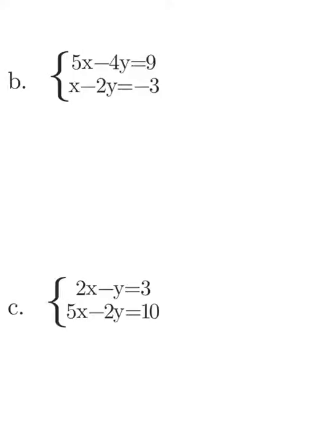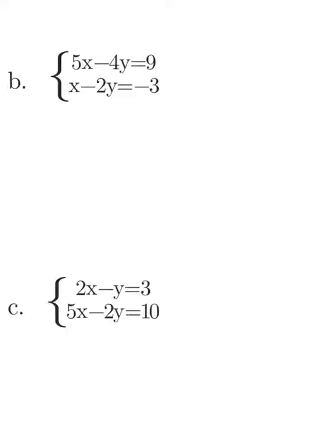So the variable that I'm going to solve for is going to be x in the second equation. Why do you think that is? Correct. The reason is because solving for x in terms of all these other variables, this is the easiest one to solve for. All I have to do is get rid of the 2y term, and then we're done.